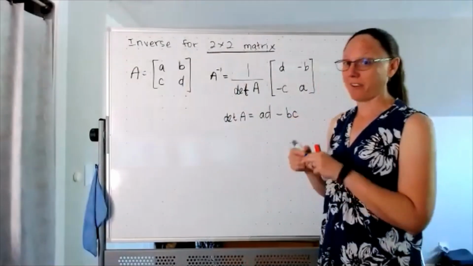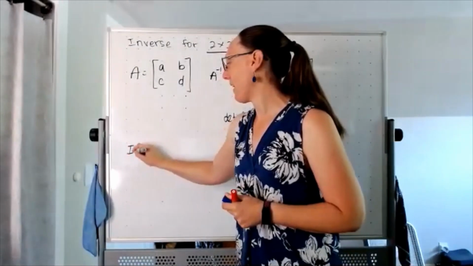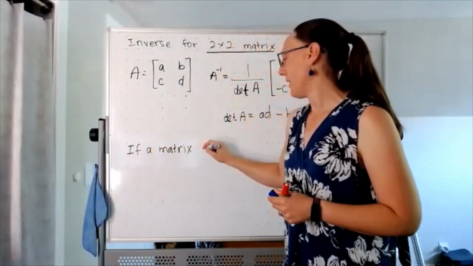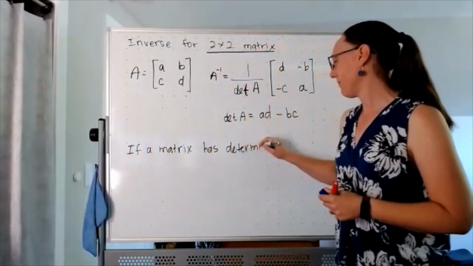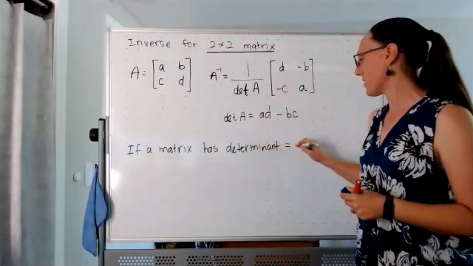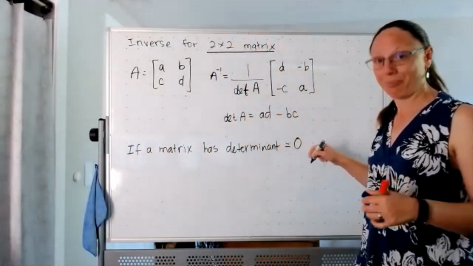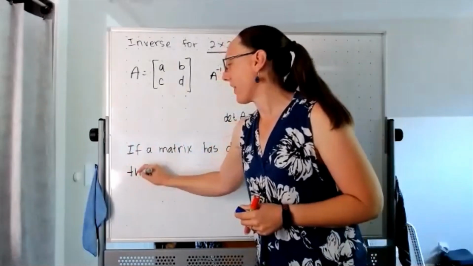Our next vocabulary word here is that we say if a matrix has determinant equal to 0, that's a 0, not an O, then it is not invertible.